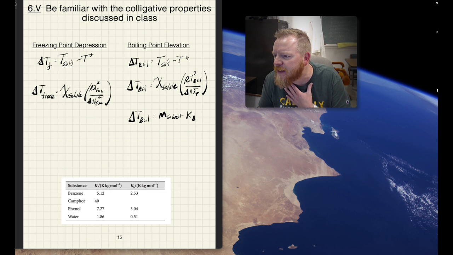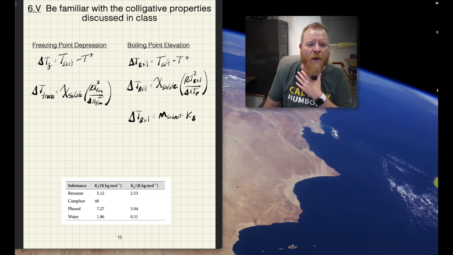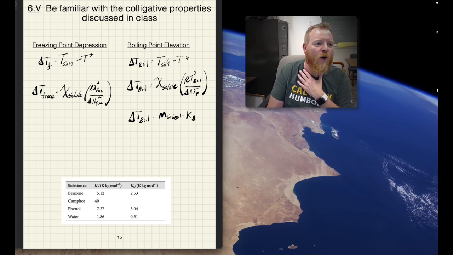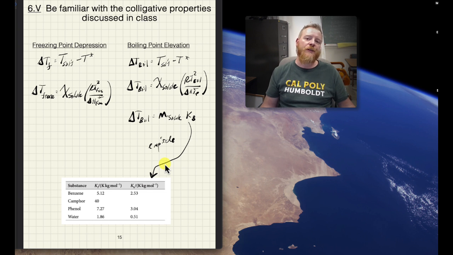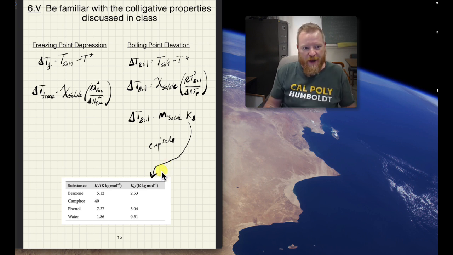Okay, let's see. Yes, so, apologies, that's why I checked. Molality of the solute times this boiling point elevation constant, which is empirical. So it's determined through measurements, right?